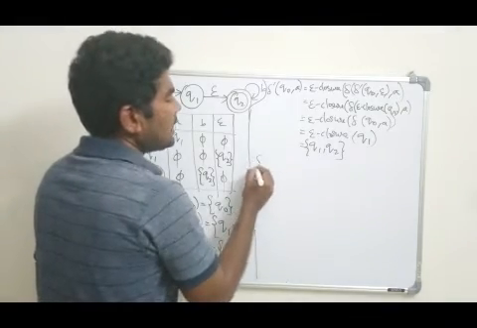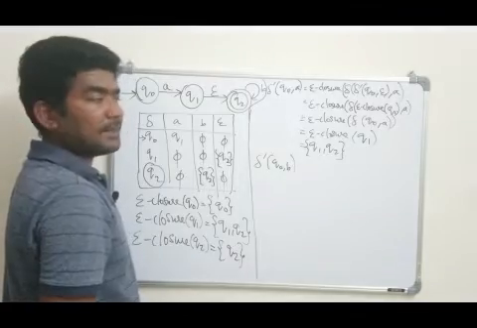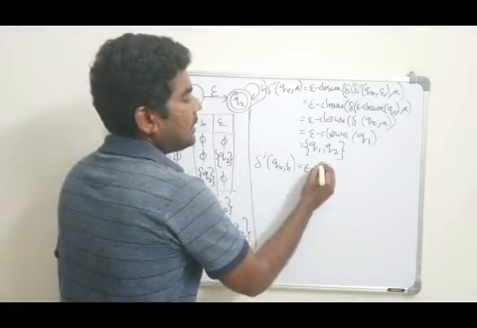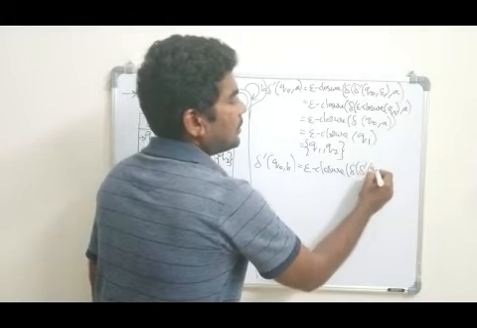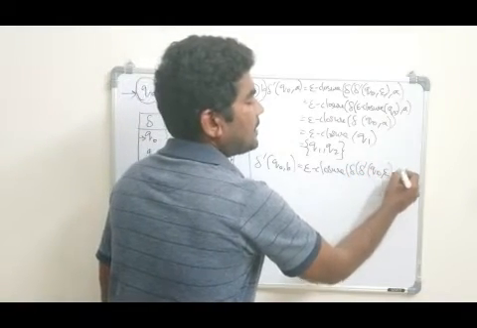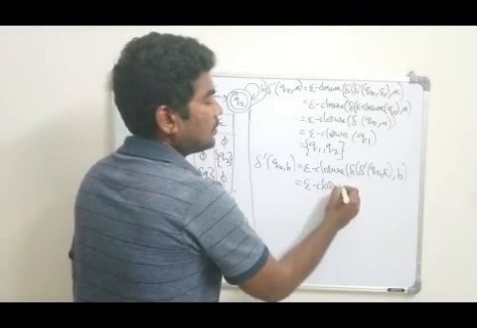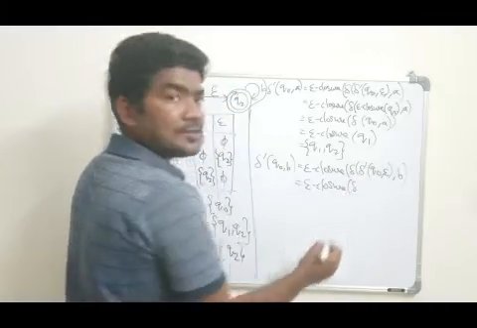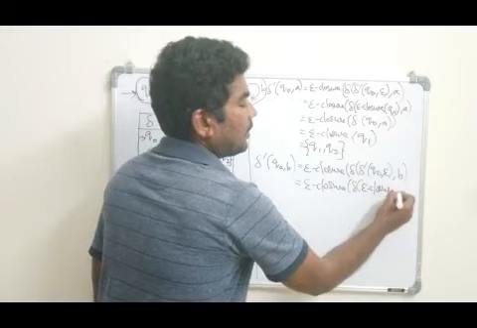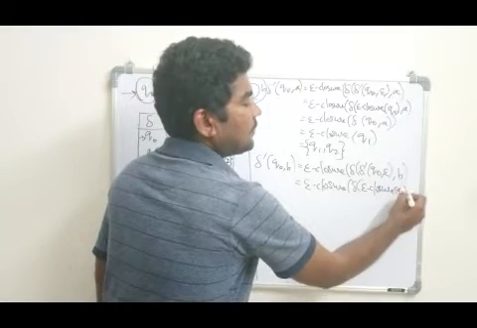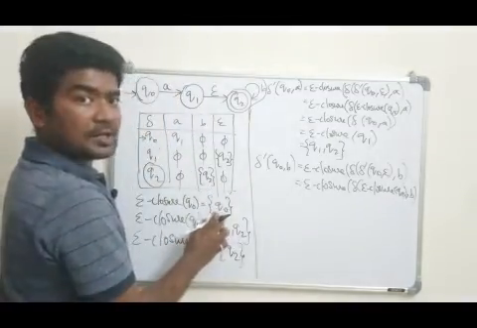Now you just substitute the same for q0 comma B, the next input I am taking. Epsilon closure of delta dash of q0 comma epsilon comma B. Delta dash of q0 comma epsilon is epsilon closure of q0 itself, comma B. Now epsilon closure of q0 is q0 itself.